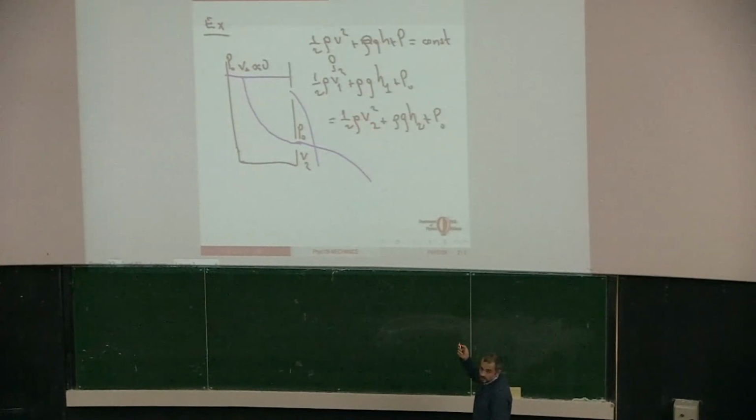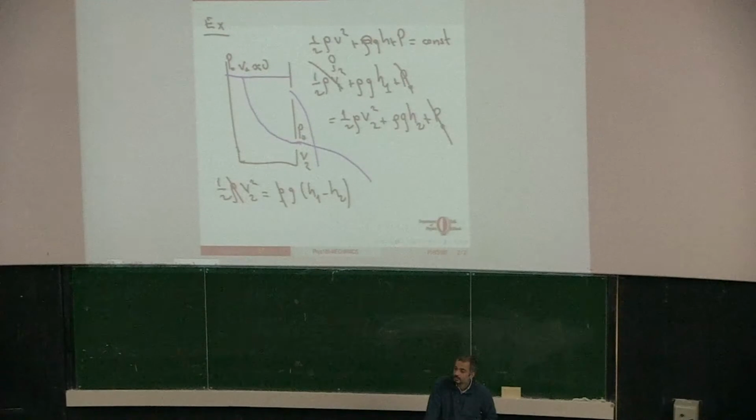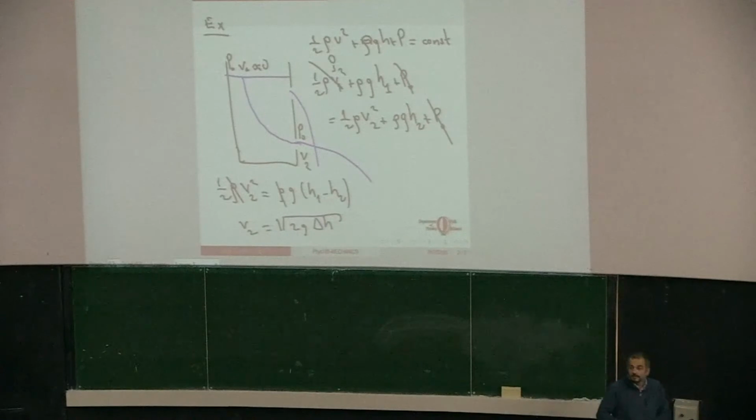This tells you what V2 is. P0 will cancel on both sides, and the V1 term is almost 0. So 1/2 rho V2 squared is equal to rho g (H1 minus H2). We can cancel the rho. What is left is V2 equals the square root of 2g times the change in height. So this tells us the speed.